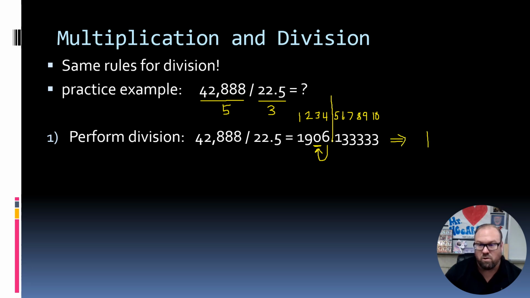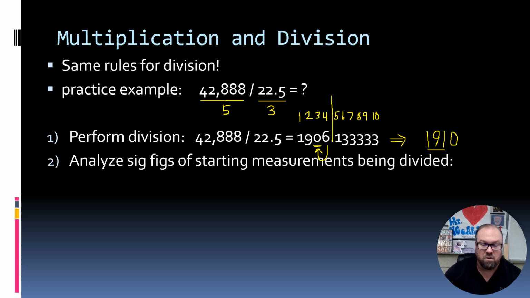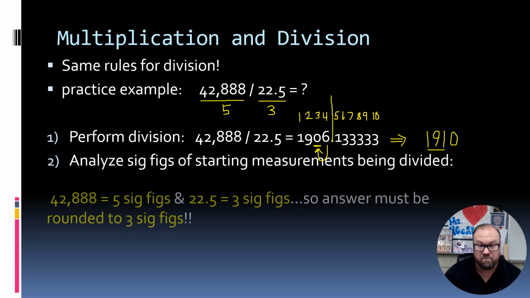So this would be 1,910. And remember, where the 6 is, we have to leave a 0, and we don't put a decimal, so that we have 3 sig figs in the final number. So the answer should be 1,910. Remember, we analyzed the sig figs of the starting measurements being divided.